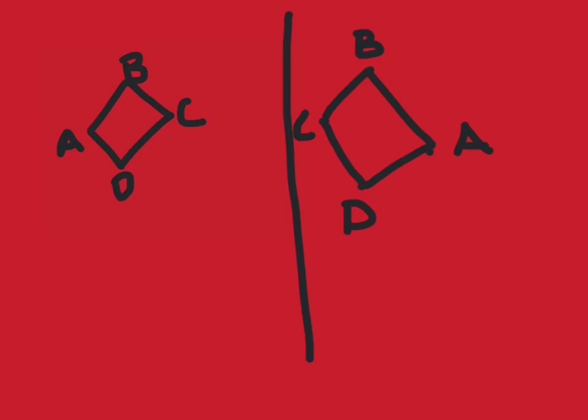Now, the figure is not supposed to change size nor shape, but the points of the figure are just reflected over the line, so the image will look somewhat backwards.